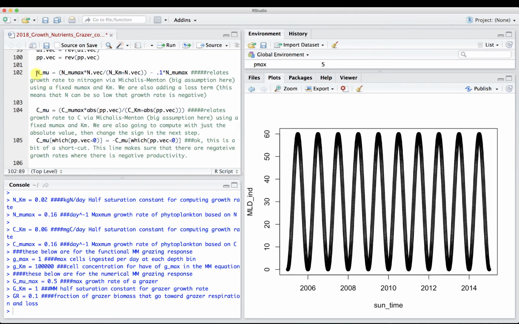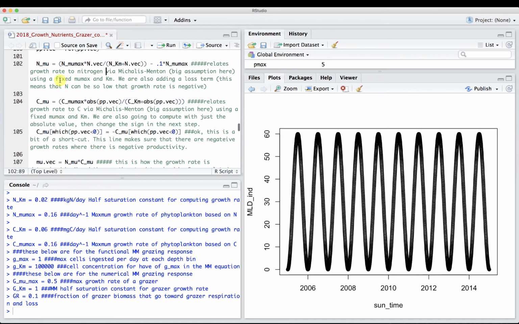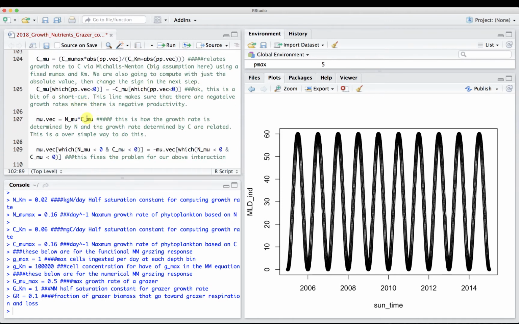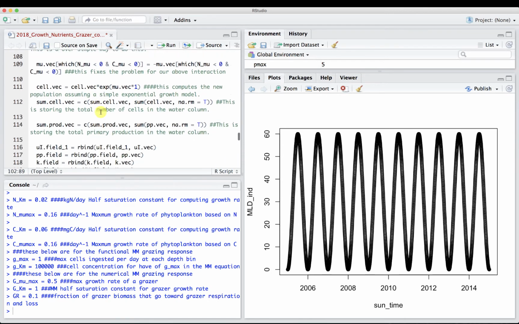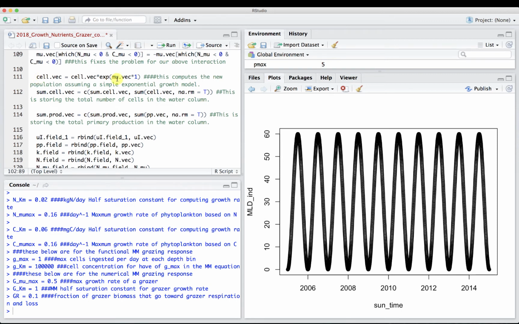Then we've got our Michaelis-Menten function for nutrients, for carbon. And we do a little rinky-dinky stuff here to deal with the interaction of those two things. Then we grow our cells together. Then what we're going to do, once we grow our cells, we're going to break into here.